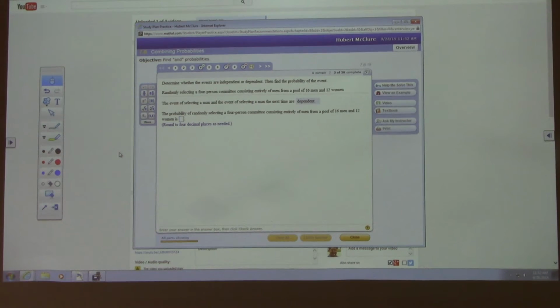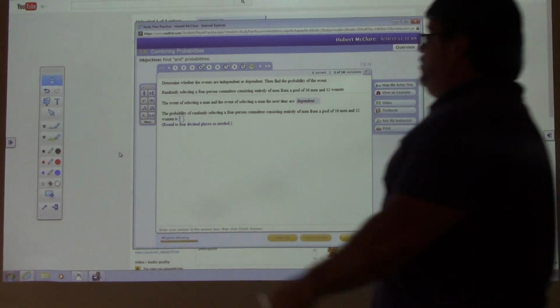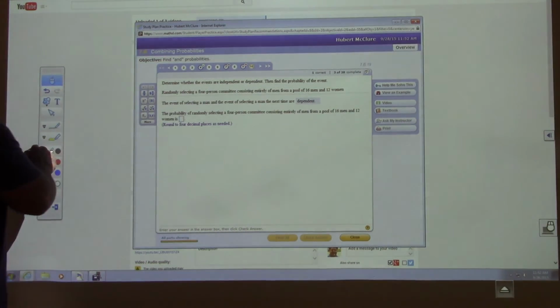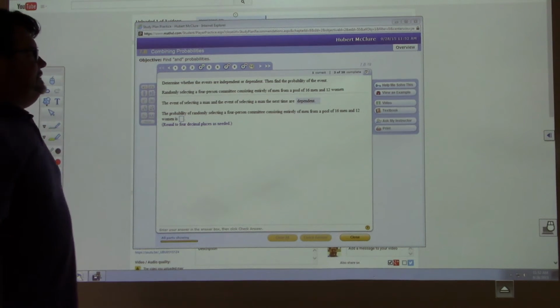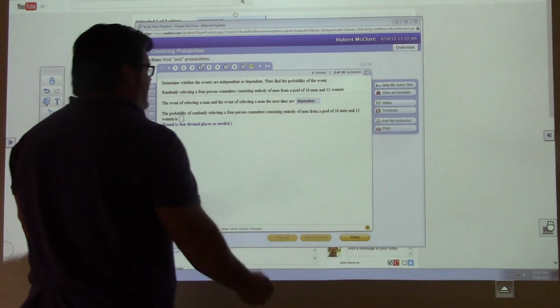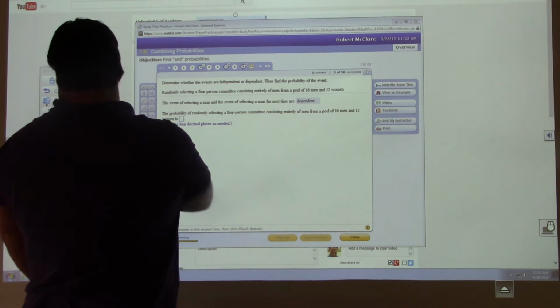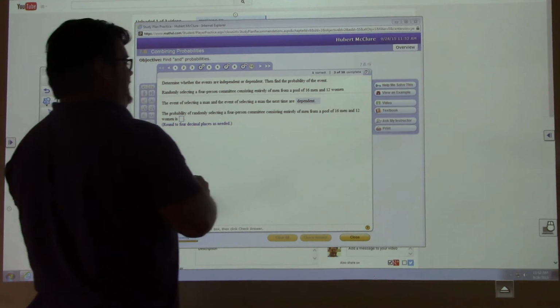Did you add those numbers together? When we had dependent and independent, what does that mean? Multiplicative law, Hubert. That's right, class. Y'all just ignore everything I say.